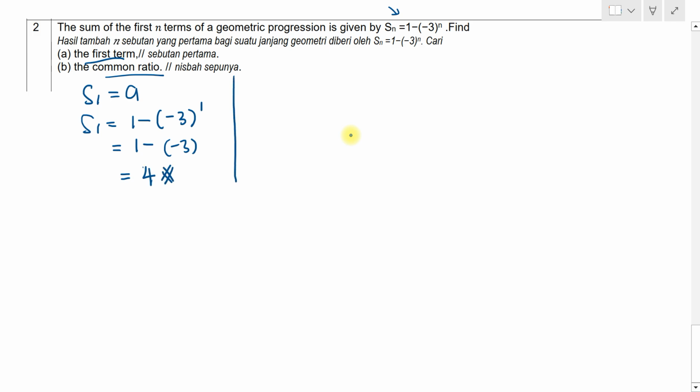Okay, now you want to find the common ratio. You need the T2. Remember, how can we find T2? For T2 we can use the formula S2 minus S1, same like AP. Okay, so 1 minus minus 3 squared, minus S1, which we know is 4.